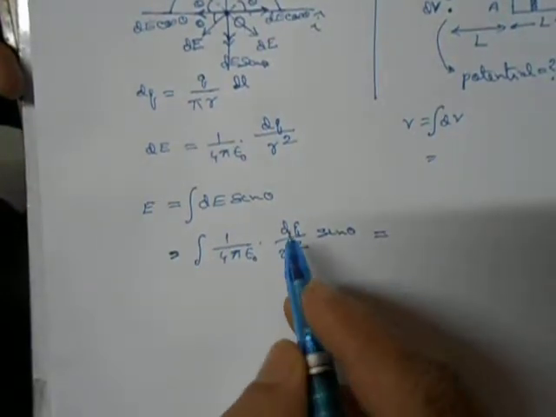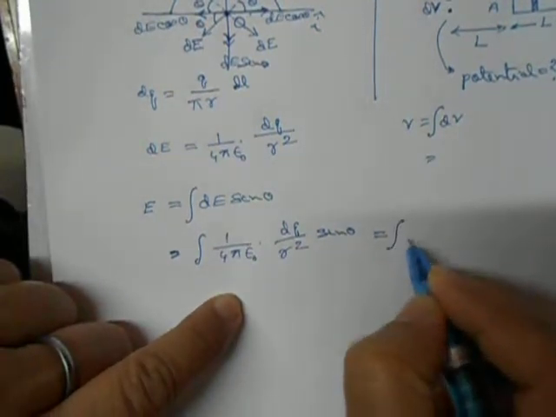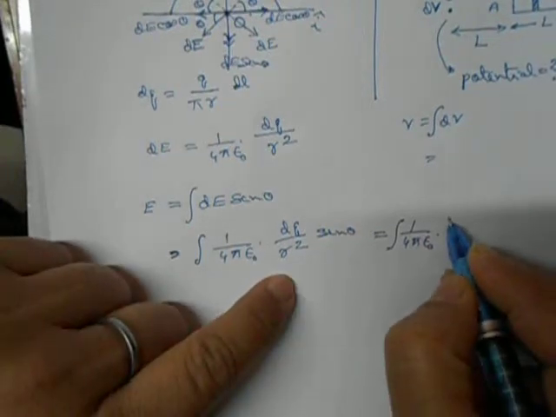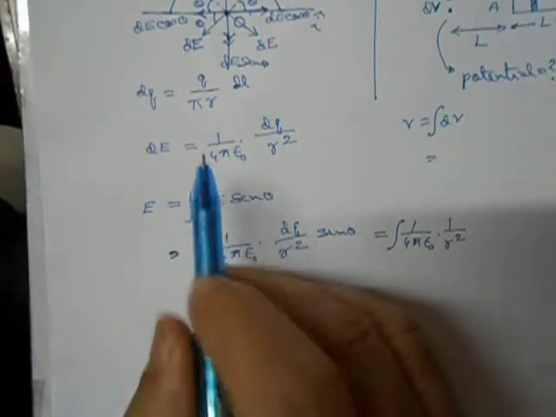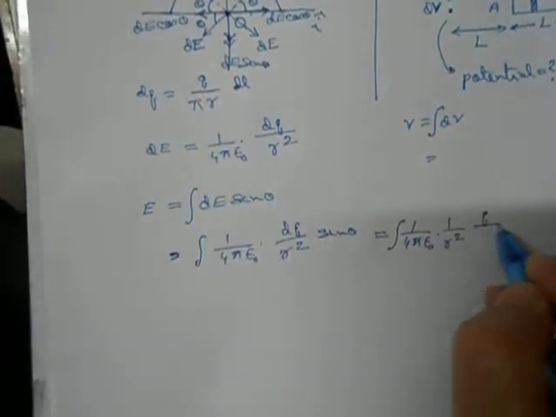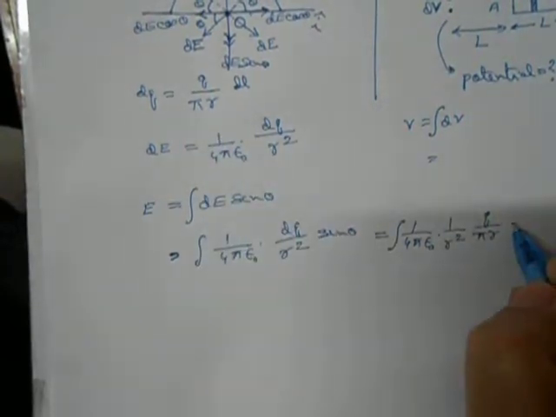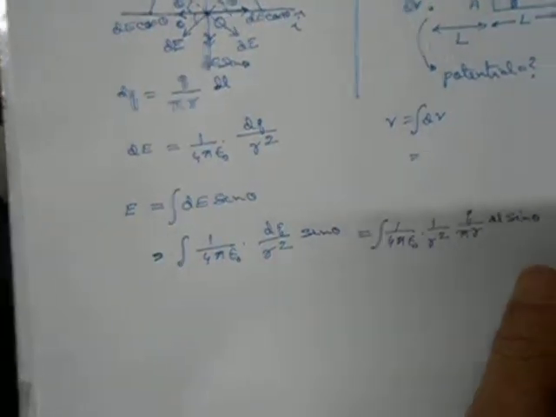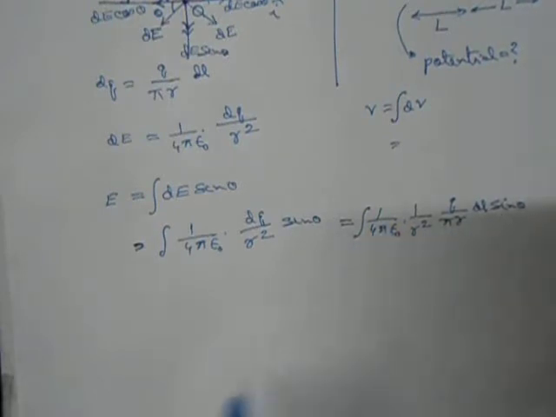Again dq, if I substitute from here, this will become the integration of 1 by 4 pi epsilon naught, 1 by r square, where dq is q by pi r into dl, then this sine theta is there. So this is our electric field E, the integration of this.